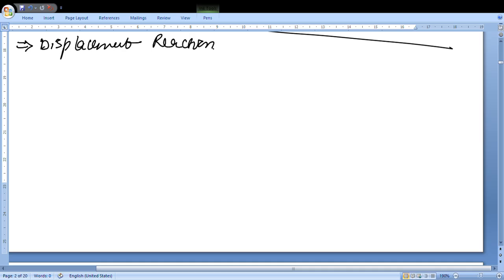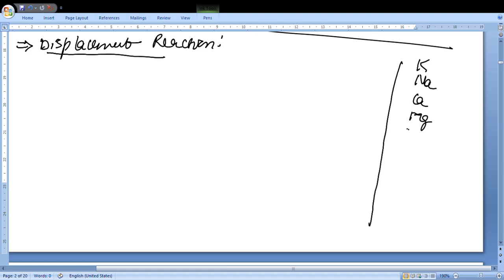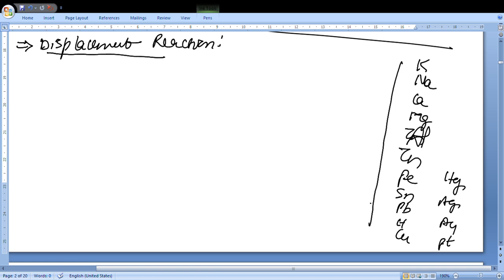Before going to the displacement reaction, we must remember the reactivity series, where a more reactive element displaces a less reactive element from its compound. Cu, Hg, Ag, Au and Pt. This is the decreasing order of the reactivity series. So this one is hydrogen. Above hydrogen are more reactive, below hydrogen less reactive than hydrogen.